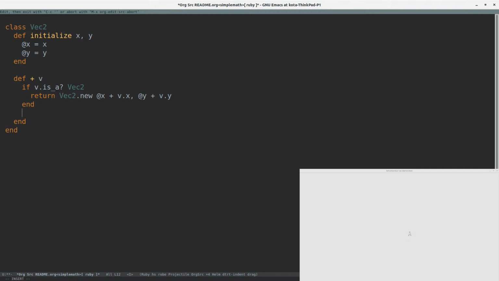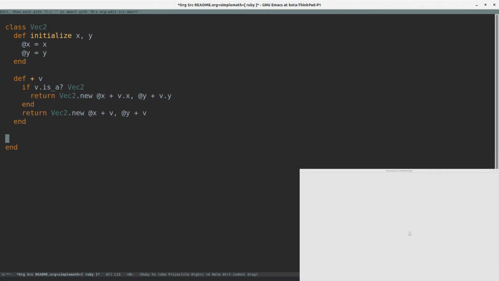Otherwise we'll return at x plus v. Again, we're not going for any performance related things here, and if you want better performance, you'd probably do something that mutates the thing instead. So we'll copy this over here.